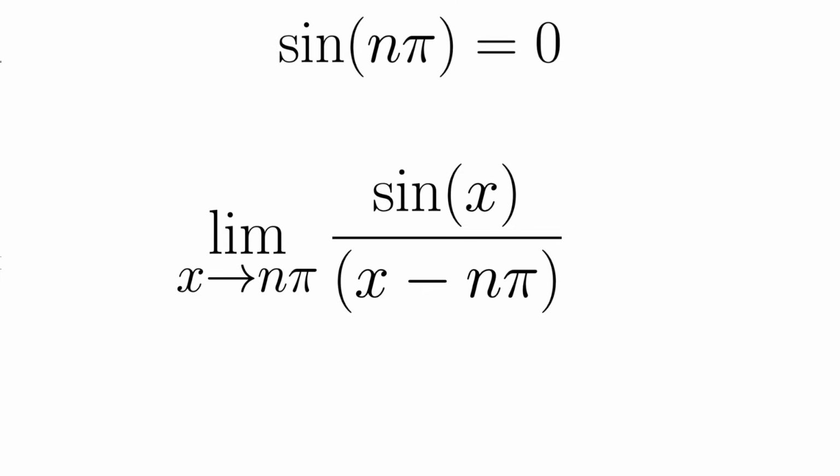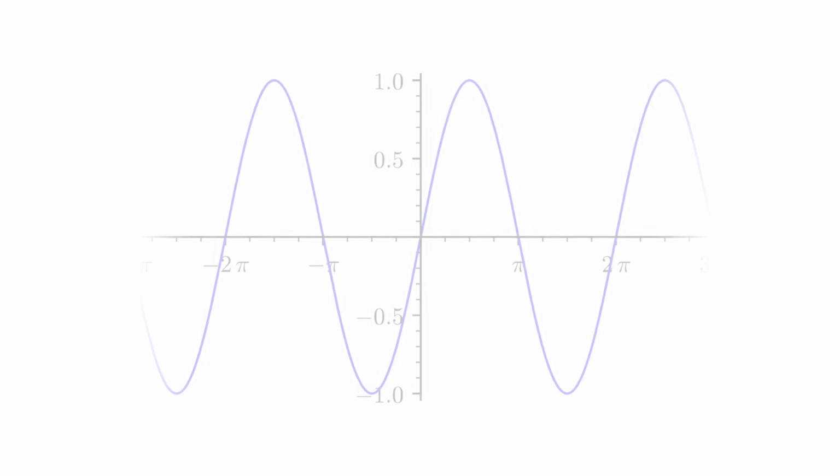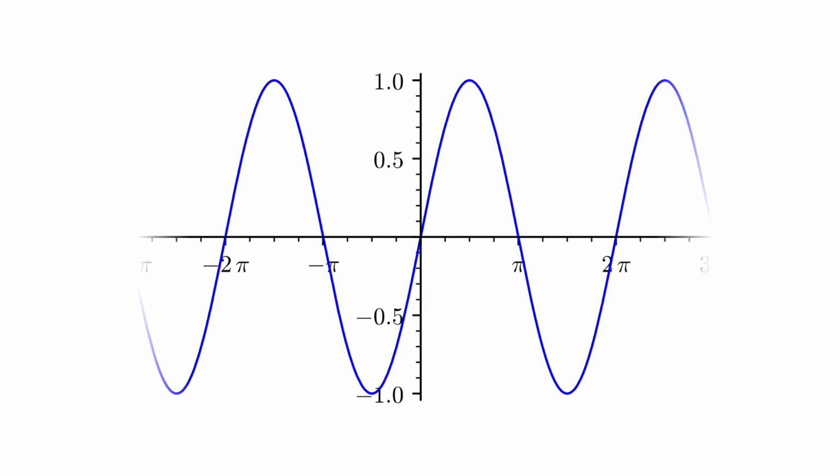We don't just want to factor out the term x minus n pi for one 0 of sine of x. We actually eventually want to do it for all the zeros of sine of x. As a stepping stone towards that, let's try and factor out the terms corresponding to these 3 zeros.